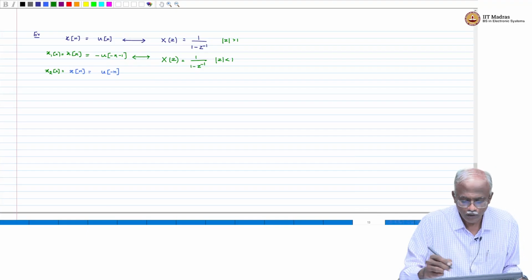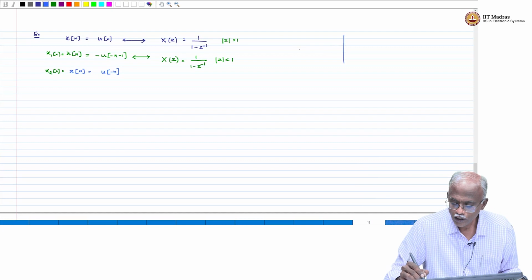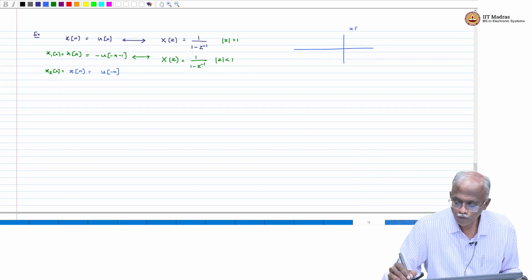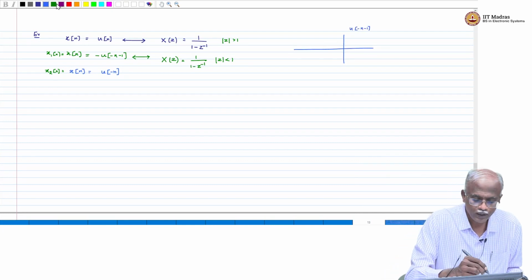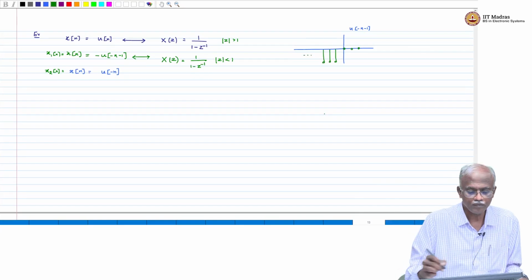The easiest way is if you can sketch it. u of minus n minus 1 will be like this. It has zeros at all these points. It has got minus 1 in all these values.